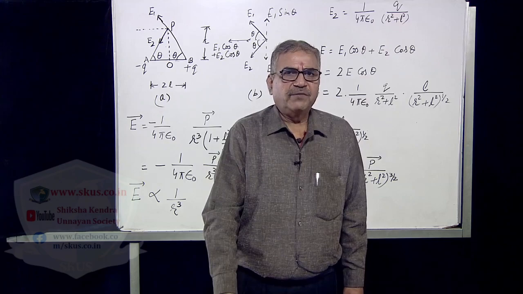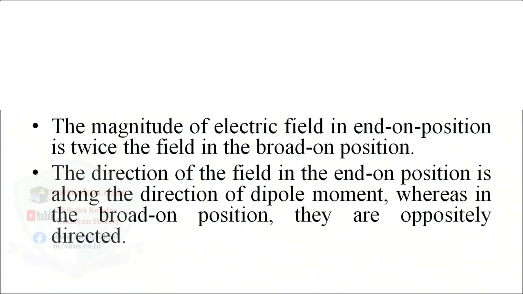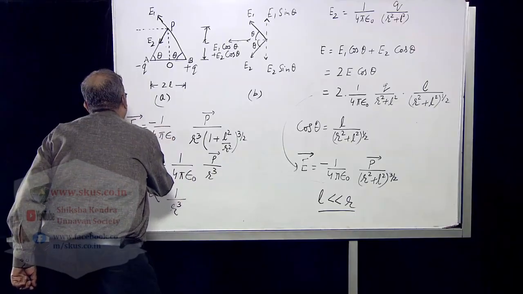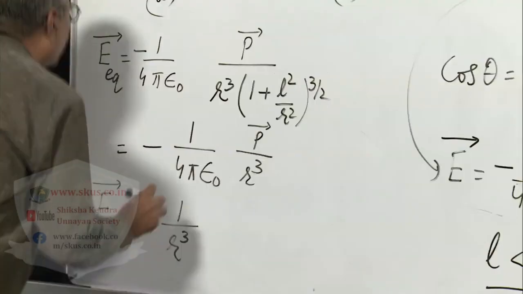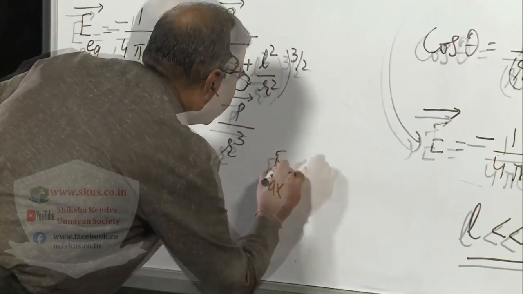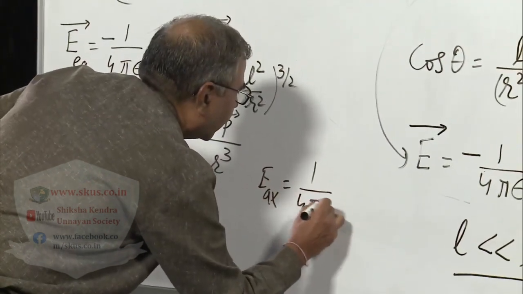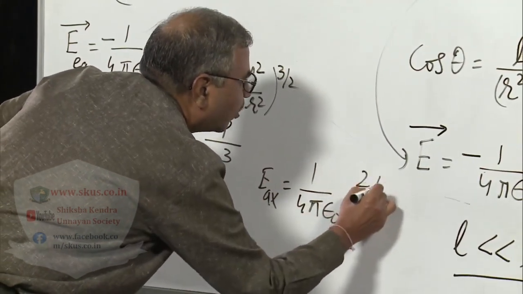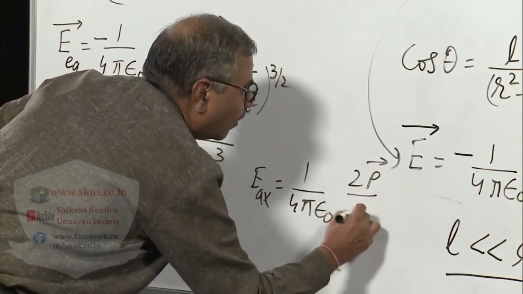The magnitude of the electric field in the end-on position is twice the field in the broadside-on position, meaning the magnitude of the electric field on the axial line is double that on the equatorial line. This is the field on the equatorial line, and the field on the axial line was 1 upon 4 pi epsilon naught 2P upon r cube.